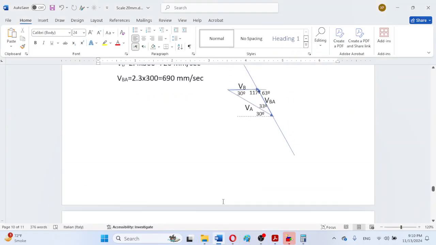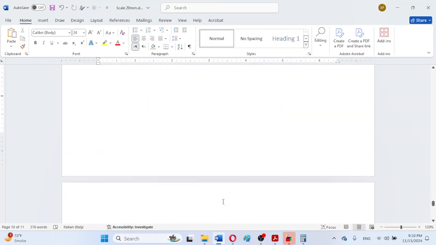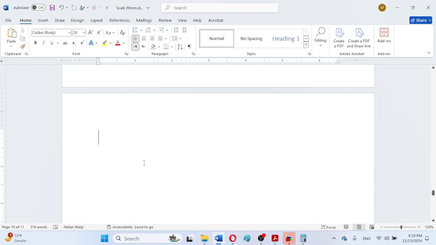I can show work here. For example, any size of the rocker can be assumed. The rocker is usually denoted by the scalar length letter C. So I can type here, for example, just small letter C.